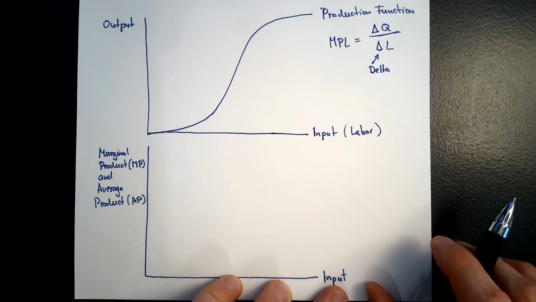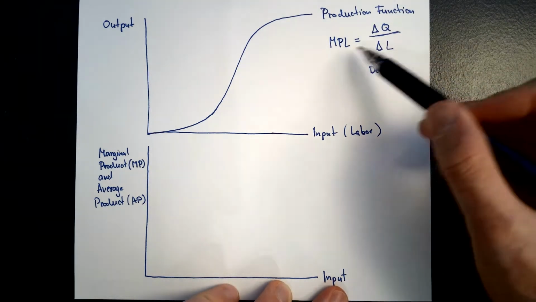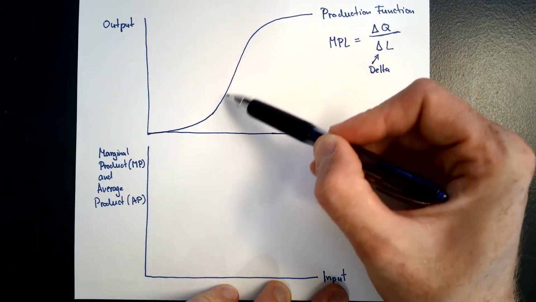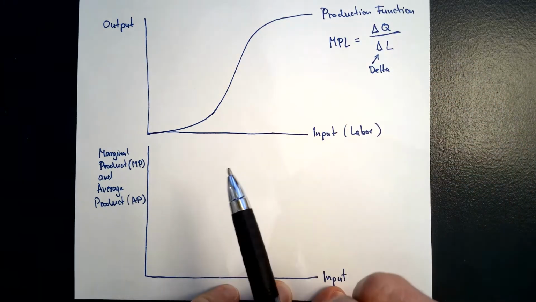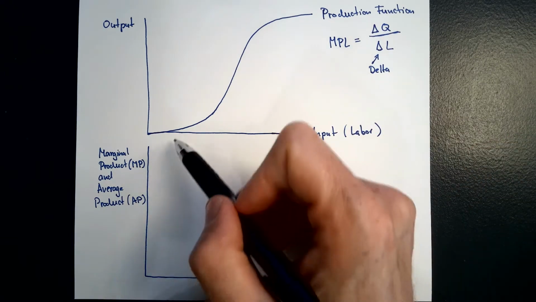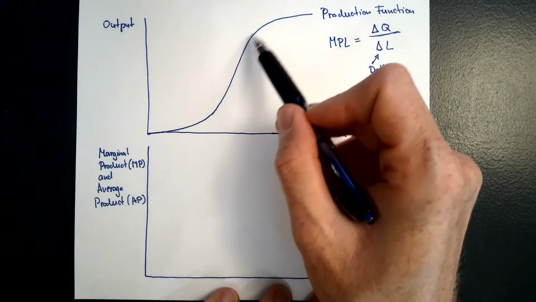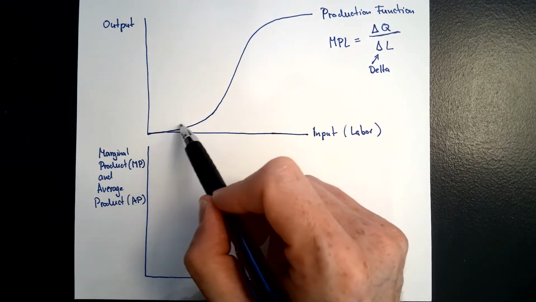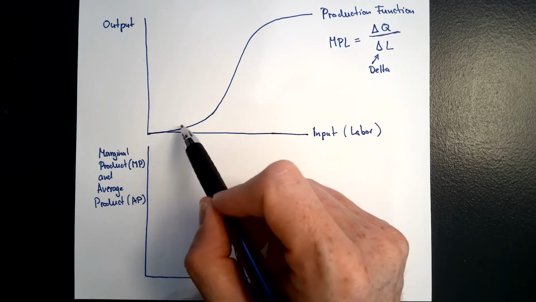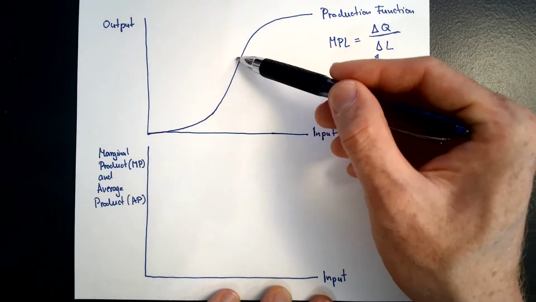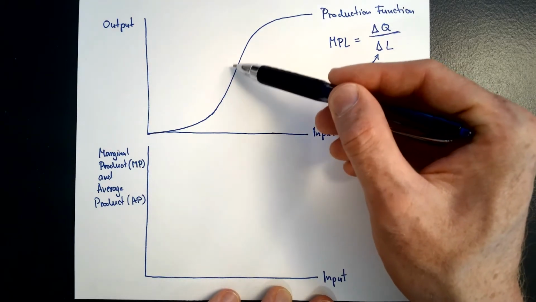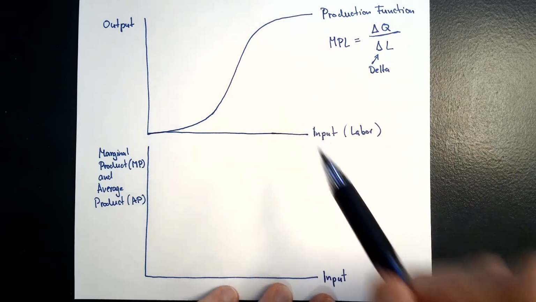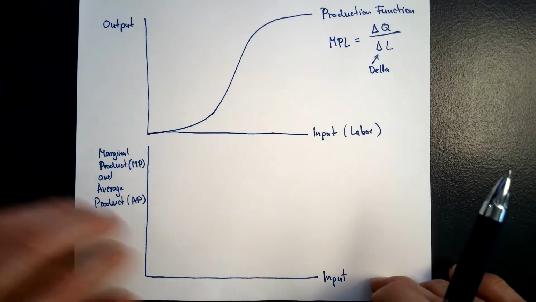And think about the marginal product of labor as the slope or the steepness of the production function. Think about walking up this production function: the marginal product of labor is very low here. Then here it is much steeper, so the marginal product of labor is high. And up here, the marginal product of labor is low again.